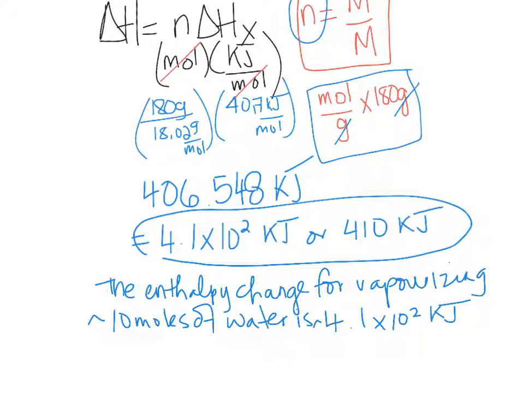You know the quantity of energy that is associated with 10 moles of water, but it is the reverse process, so energy will be going out rather than in. Here, vaporization is an endothermic reaction because delta H is positive. A positive number means endothermic.